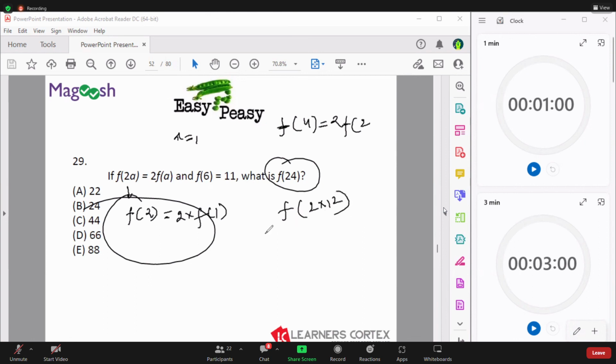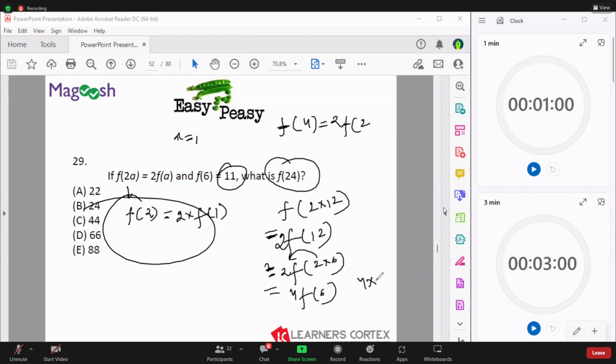So this can be written as 2f of 12, and then 12 can be written as 2 times 6. So it can be written as 2 times, this 2 will come here, or 4f of 6. Now f of 6 is given as 11. So 4 into 11 would be 44. Option C would be the answer. Anyone who has not understood?